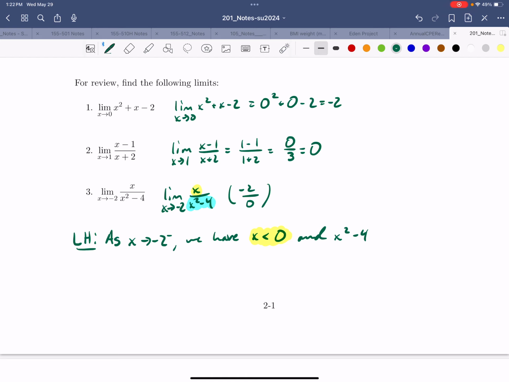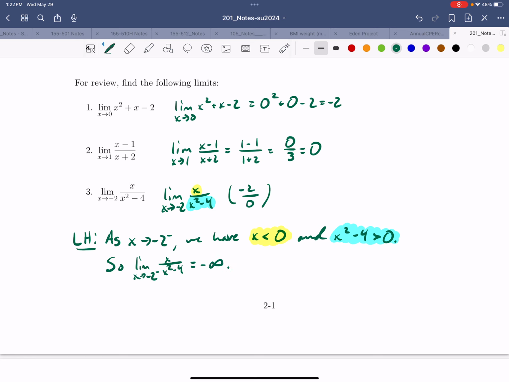Well, if x is less than negative 2, then it's like negative 2.01 or something like that. X squared minus 4 is always a little greater than 0. And so for that reason, the limit as x approaches negative 2 from the left of this guy equals a negative over a positive, which is negative infinity.